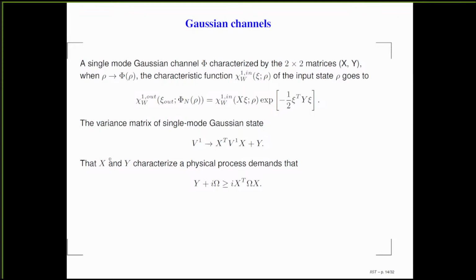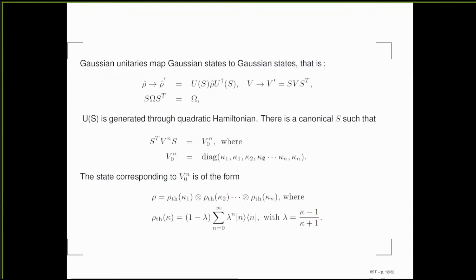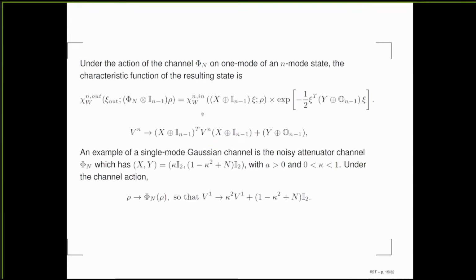And for it to be a channel, meaning a physical process, it demands that this uncertainty relation is satisfied by Y and X, and this omega is the same omega which appears here. Okay. Now you can think of the action of a channel on one mode of an n-mode state. What happens to the characteristic function?